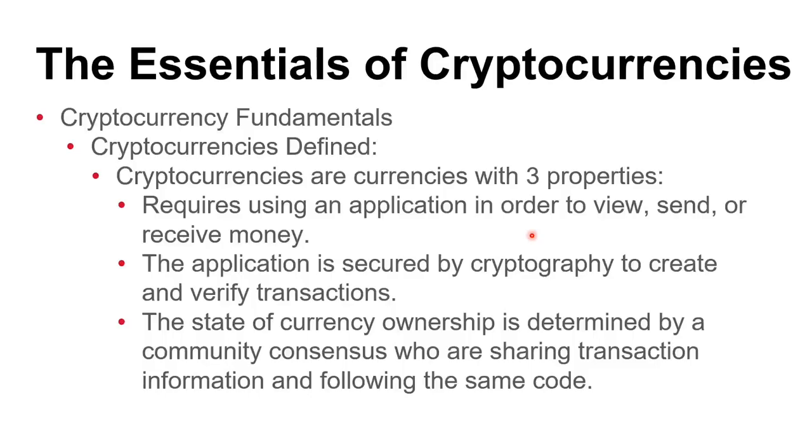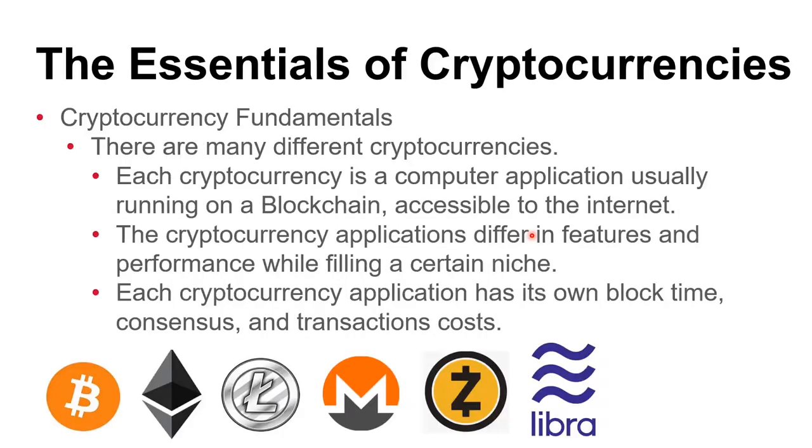We have to be able to understand who owned the currency and who it's been sent to. And there needs to be some form of consensus. Usually, cryptocurrencies are transacted in an open blockchain, and we saw before that blockchains are distributed in nature. Therefore, we need some kind of community consensus to verify that all the ledgers agree.